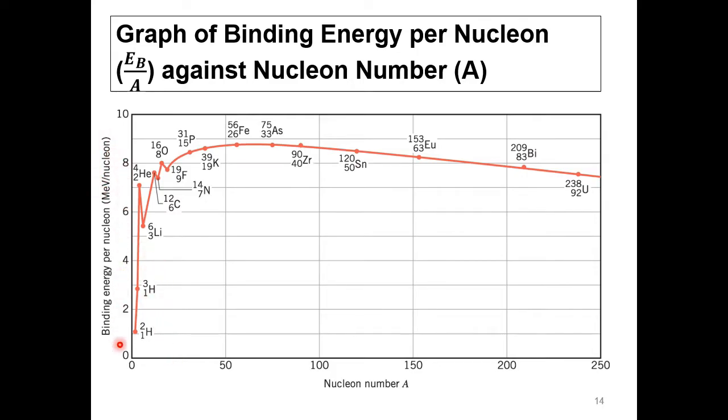If you look, the binding energy per nucleon is increasing, starting from hydrogen, lithium, carbon, nitrogen, gallium, until it reaches ferrum. Ferrum is the stable condition for binding energy per nucleon. It's very stable, and followed by arsenic, and until it reaches uranium, the value decreases smoothly.